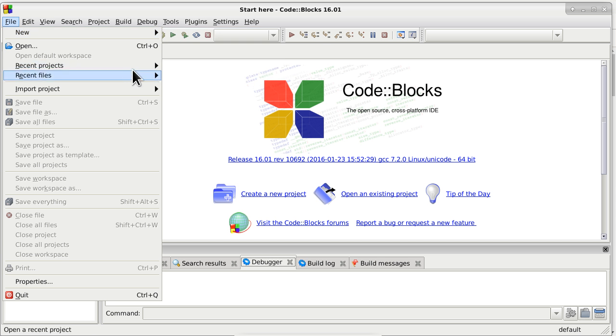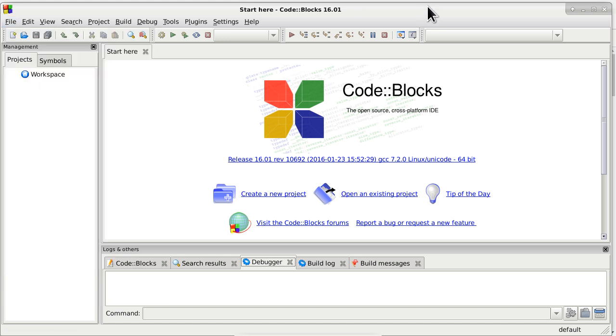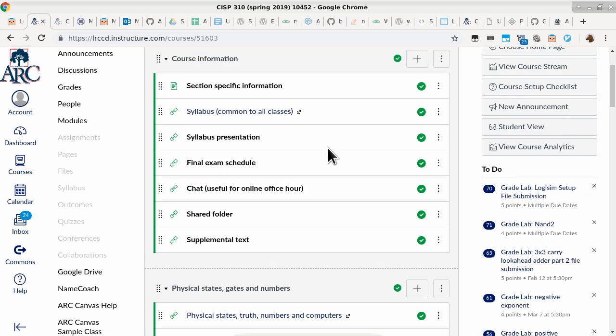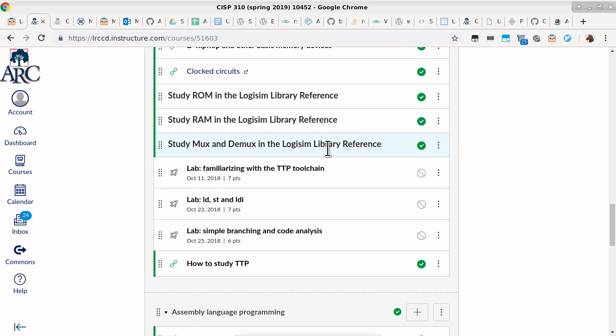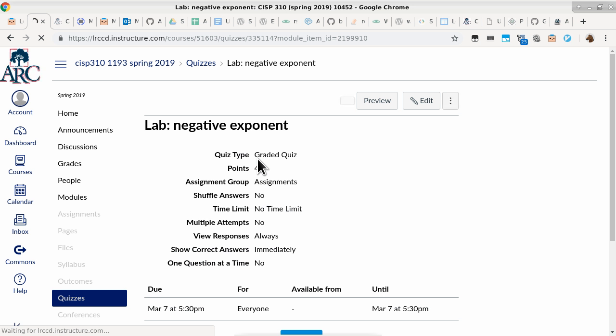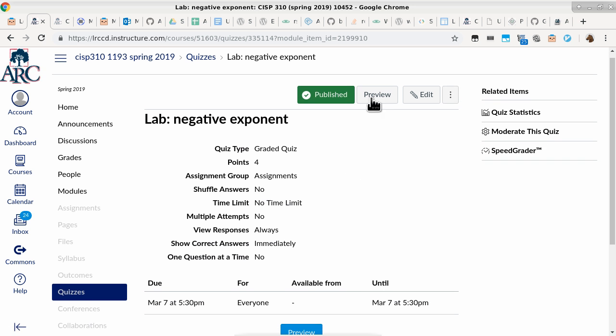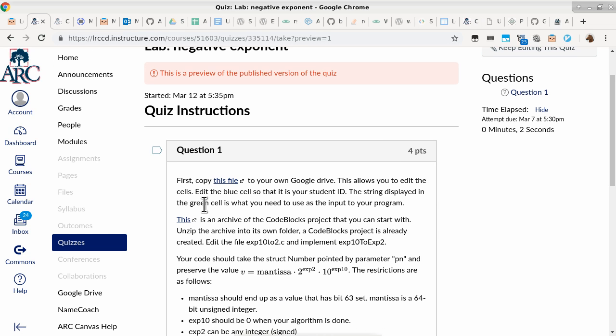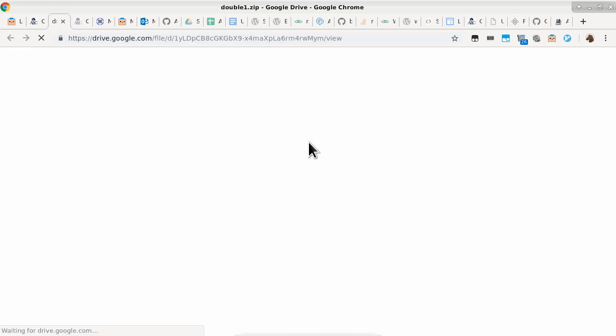Except the file that I have is no longer here, so I need to re-download it. So go back to Chrome. Go back to, up a little bit. Okay. Negative exponent. And do a preview so I can get to the link of that file, which is here.